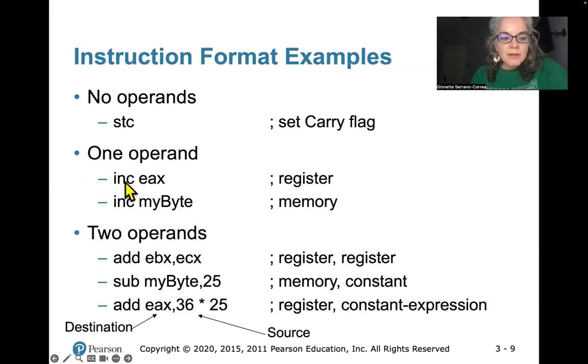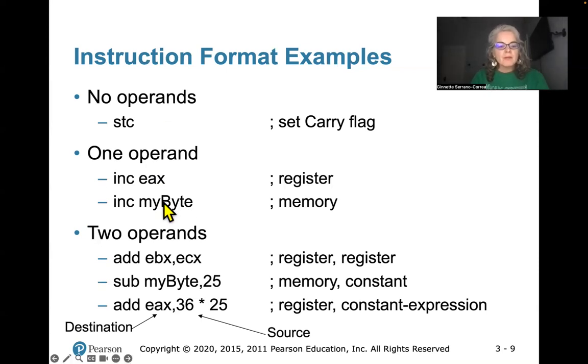Here, this is going to be a mnemonic or a name, and it has one operand. And here we also have an operand. This operand is a register, and this operand is memory. So it's going to be what you would refer to as a variable.